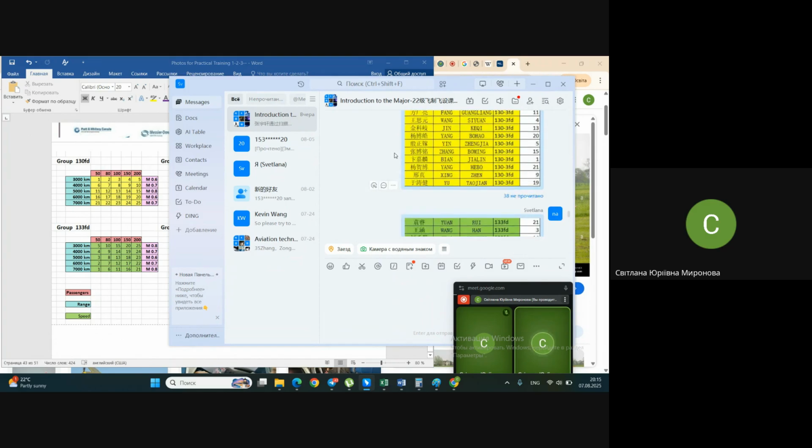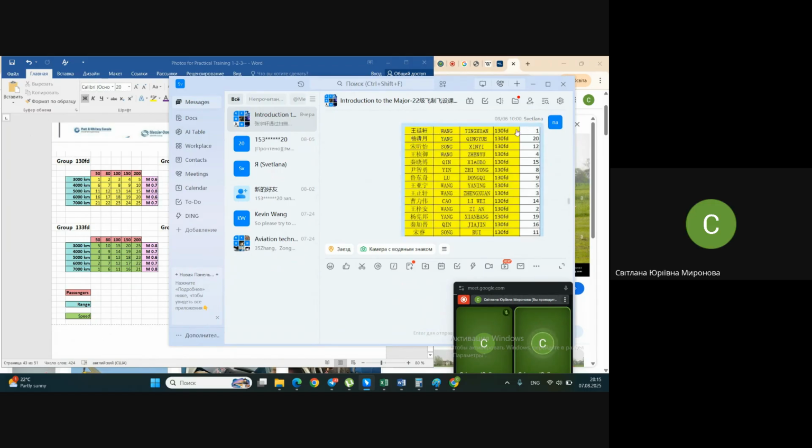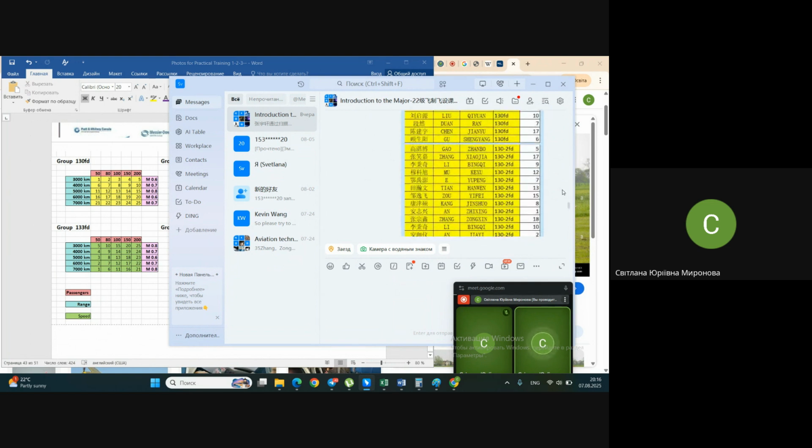And I have compared our Ukrainian document with the document given by your university. Here you see your names in Chinese and English, and also you see I found what group you are in. You see this list of your university rearranged by groups. There are three yellow groups and three green groups. Why is it like this?